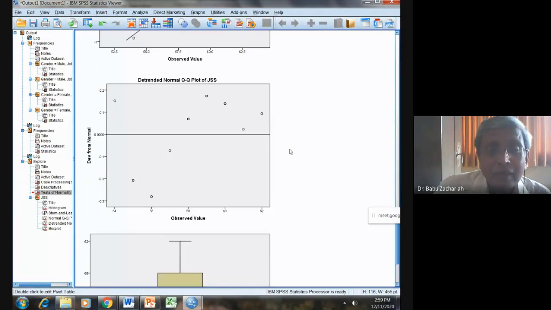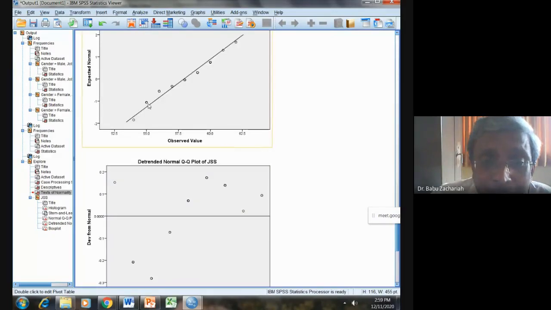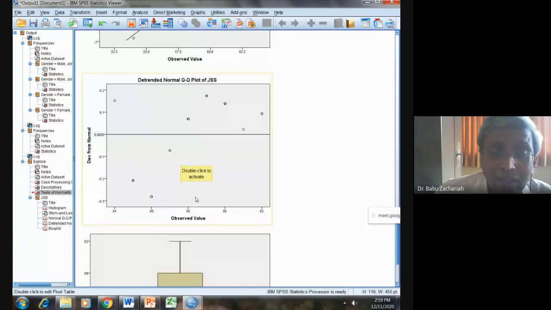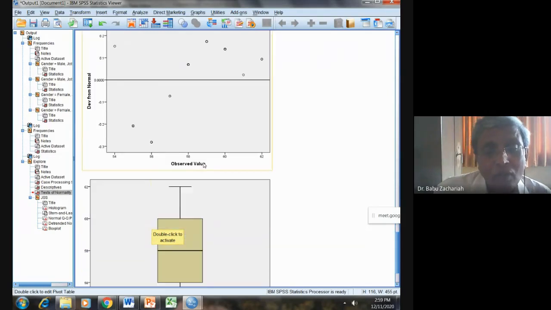Then the deviations from this line are calculated and plotted again against JSS. These are the JSS values, and these are the errors, the deviations. If there is no pattern visible, then it follows a normal distribution.